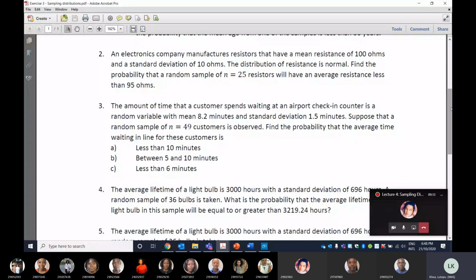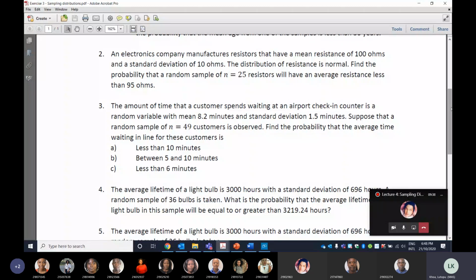Then we are also told that the standard deviation is 1.5. So standard deviation, this is sigma, is equal to 1.5. And then we're told that a sample of 49 customers is observed. So the sample size n is 49.